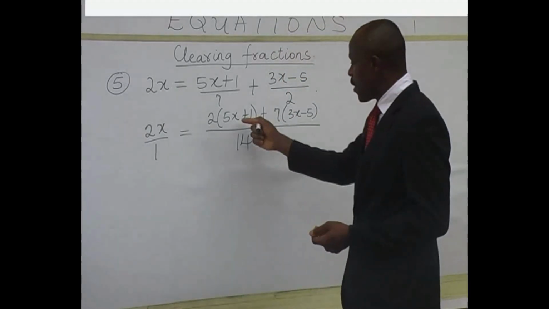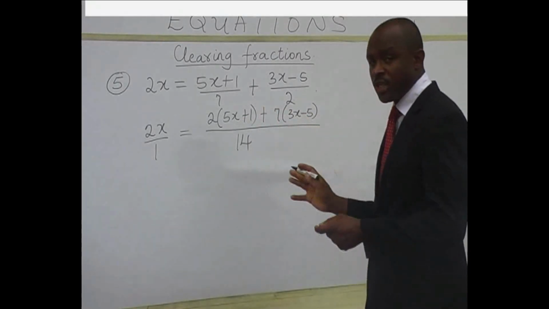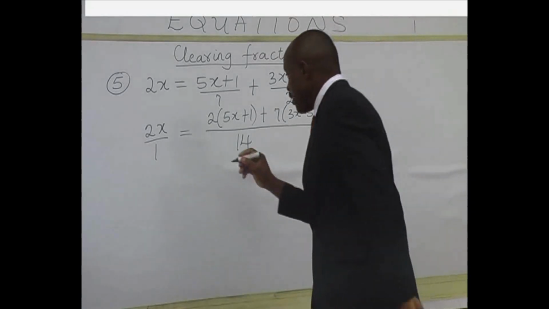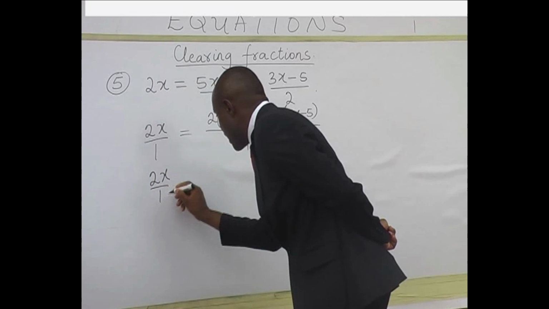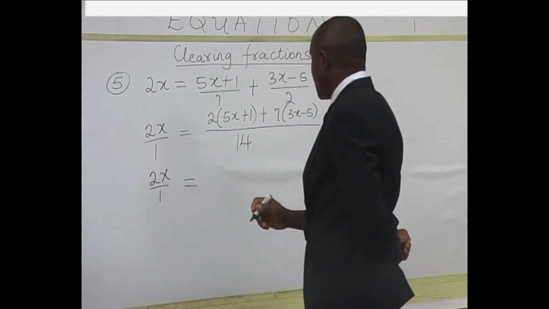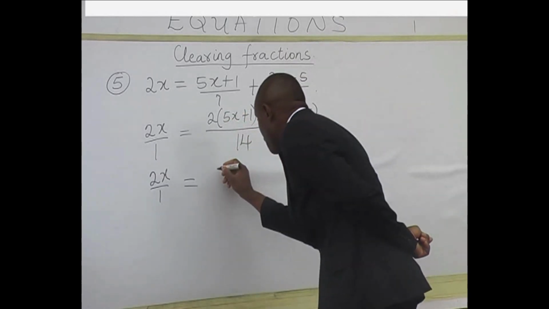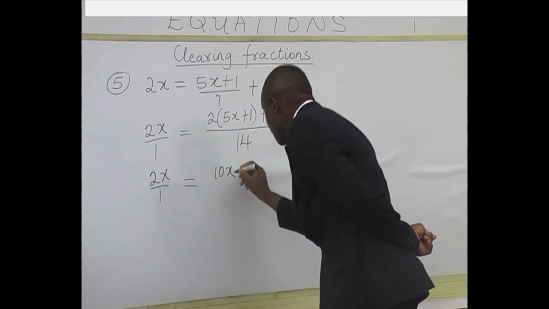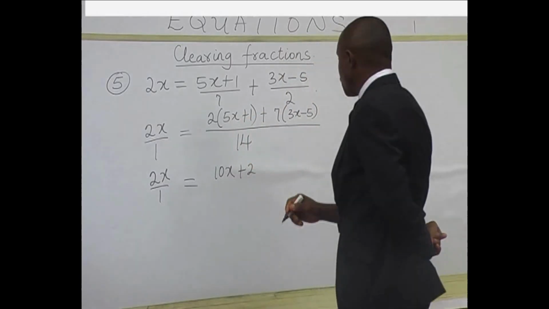First of all, remove the brackets to make the numerator of the right-hand side of the equation simpler. You're going to have, I'm bringing down 2x all over 1, that is in the left-hand side of the equation, is equal to 2 times 5x will give you 10x. 2 times 1 will give you plus 2.